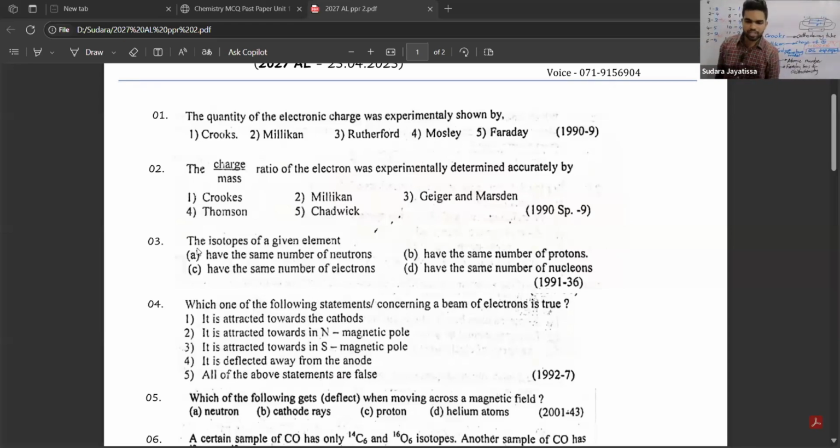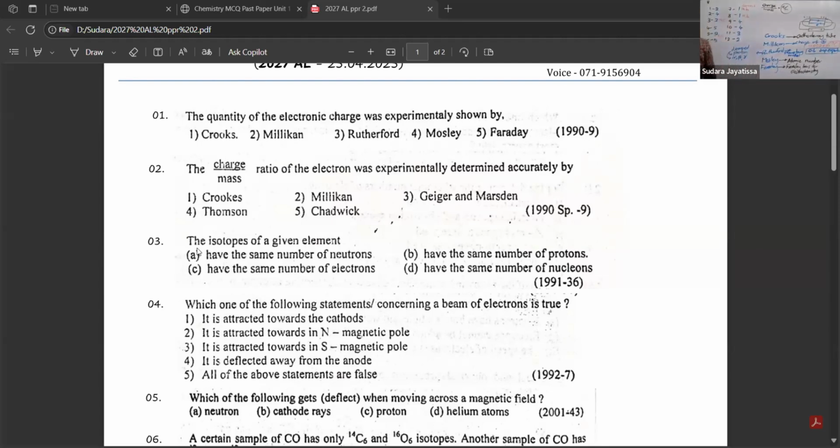The second MCQ is asking: the charge to mass ratio of the electron was experimentally determined by whom? Charge to mass ratio, we also call that the E over M ratio. So who discovered the E over M ratio of cathode rays?